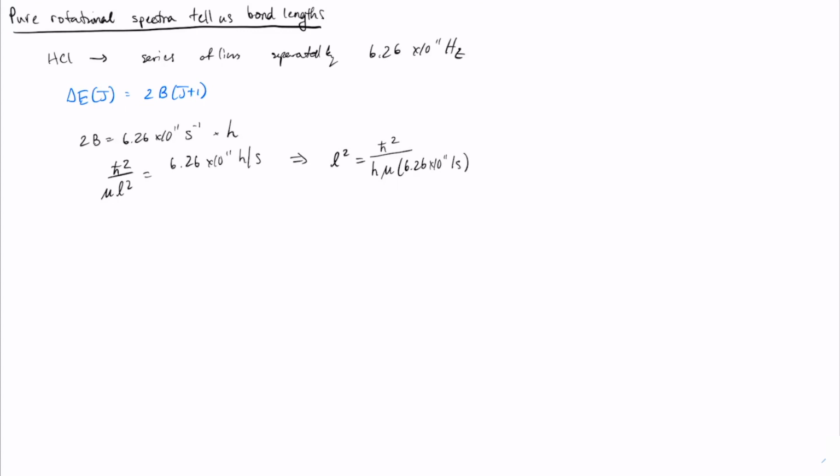This is a little bit redundant because we have h bar and h in the same equation, so we can simplify by turning h bar into h over 2 pi.